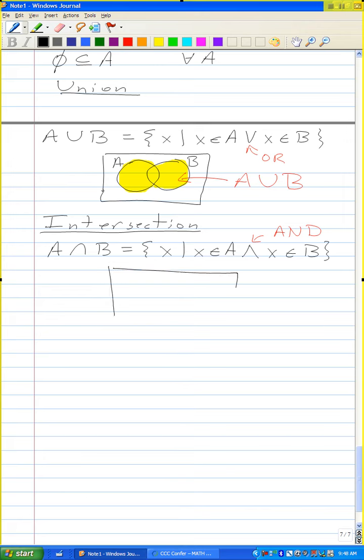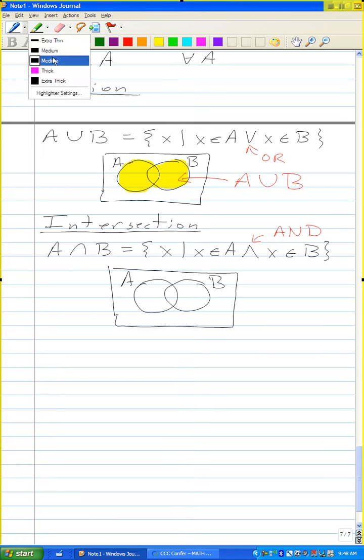Suppose that this is the set A, this is the set B, then this is the set A intersect B, the overlap.